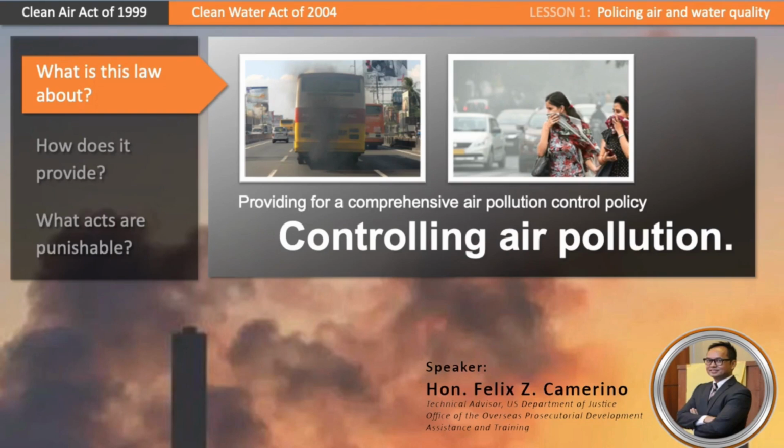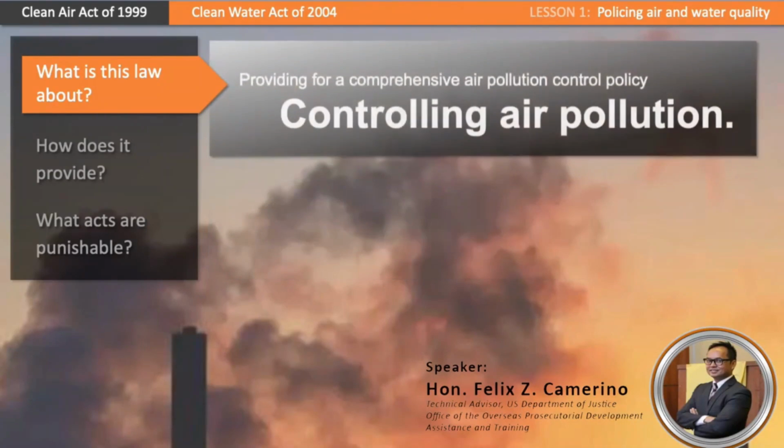We're protecting some resource. Here it's a little different, and because of that, this is rather broad. When we say controlling air pollution, it is rather broad. It gives us a general idea of what the law is all about, but there might be a need to dig just a little bit deeper to help us better understand what this law is all about. So why don't we do that?